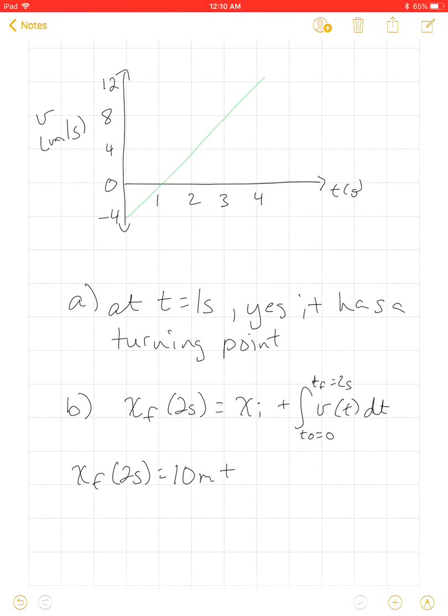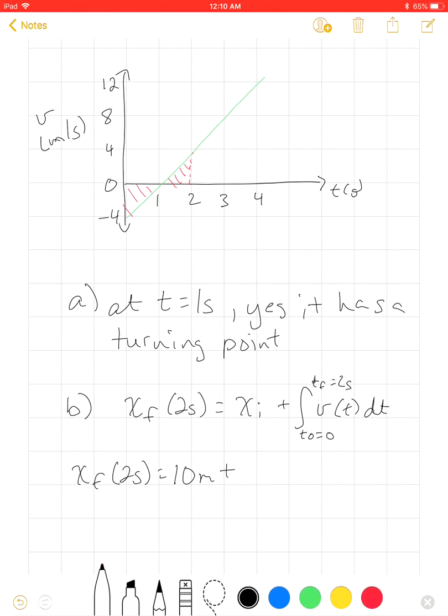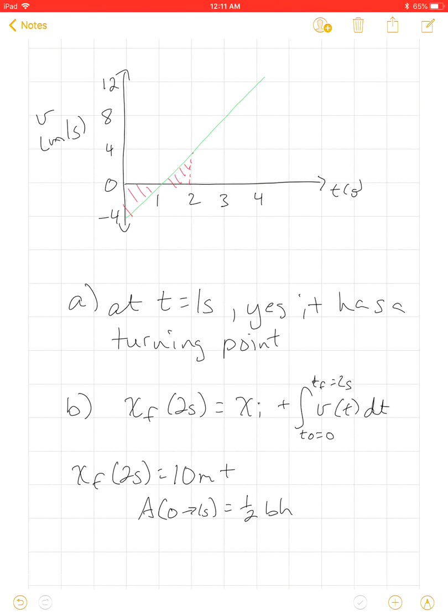So we can take the area between the horizontal axis and our function. So I'll use red to kind of denote that. So up until 2 seconds, that's going to be this area plus this area, okay? So one thing to note is that the area of one of the triangles, let's go with the first one. So the area from 0 to 1 second is going to be 1/2 base times height, okay?